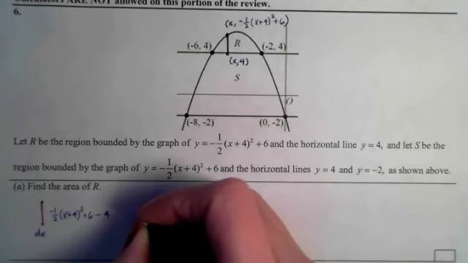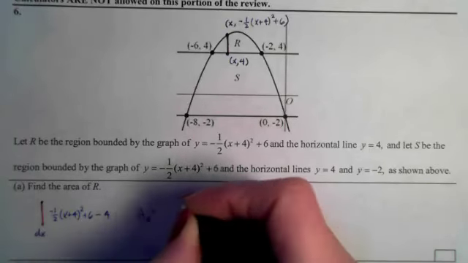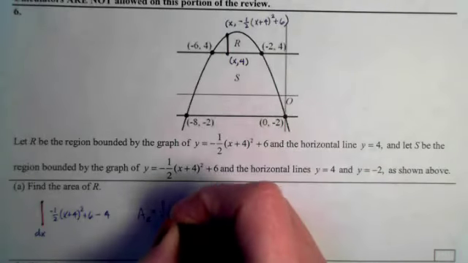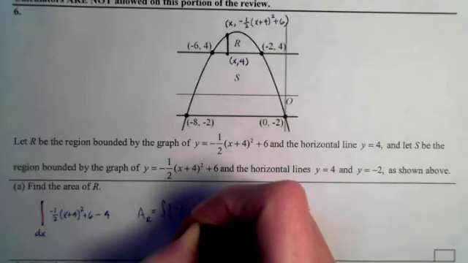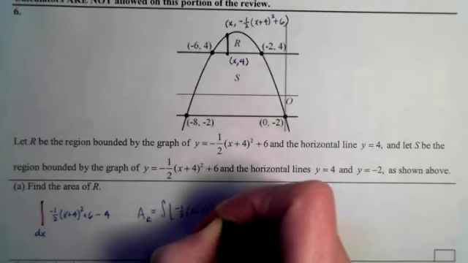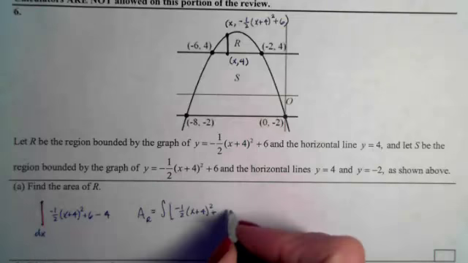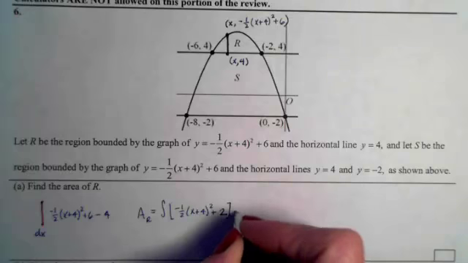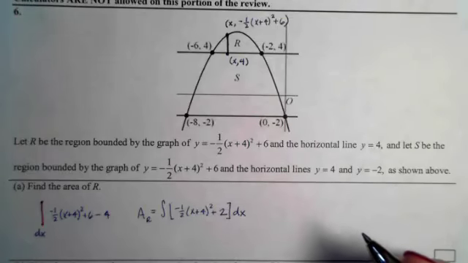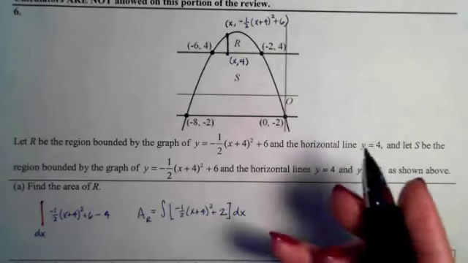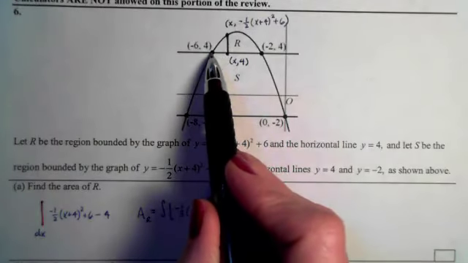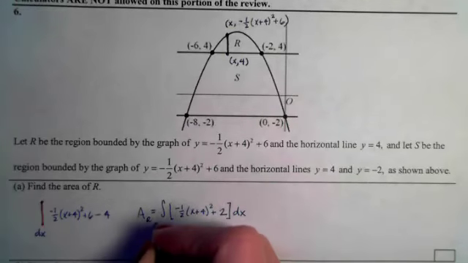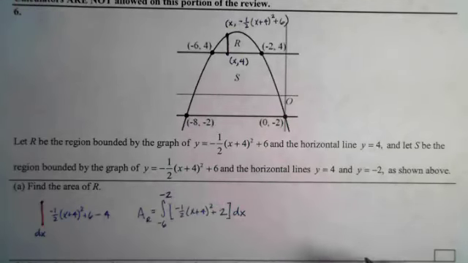So the area of R will be the accumulation of that height. The 6 minus the 4 gives me a 2, and then I multiply that height times the width, which is dx, and the integral will be from the furthest left x value to the furthest right x value. That's going to be from -6 to -2.